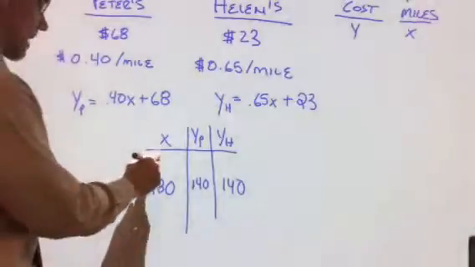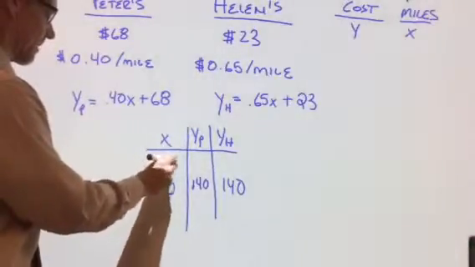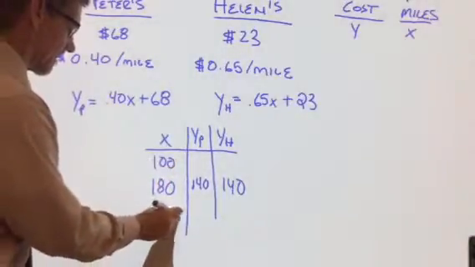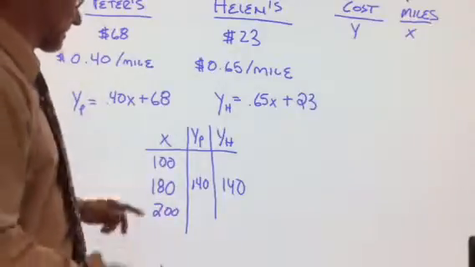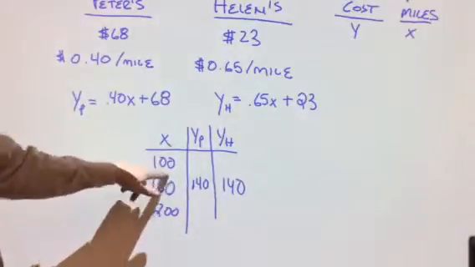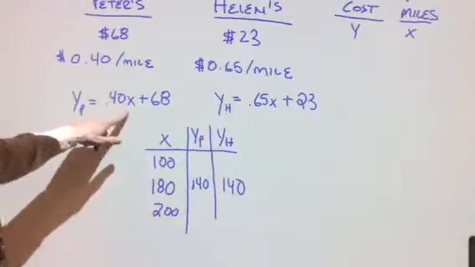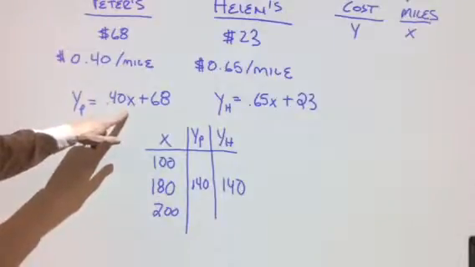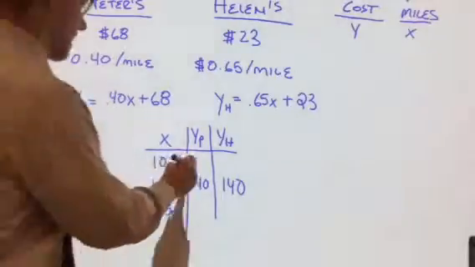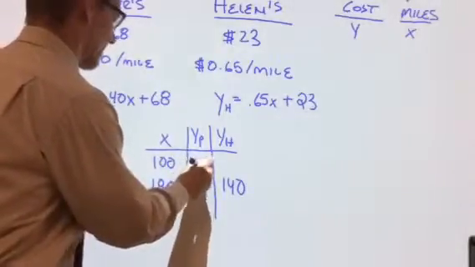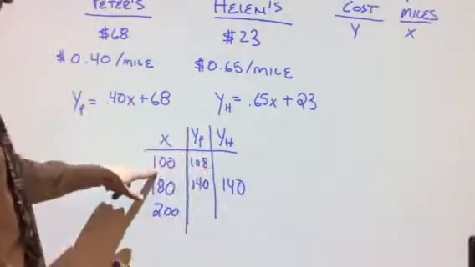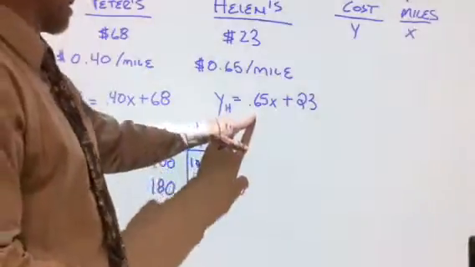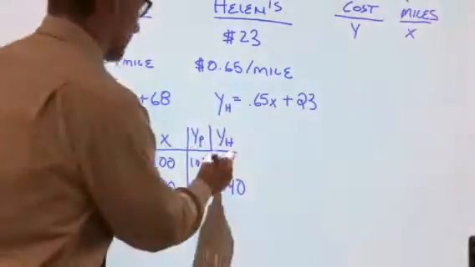And then we took a look at what happened if you have a delivery distance that's more or less than that. We put 100 miles in, and 40 and 68 would give us 108, and 65 and 23 came up with 88.